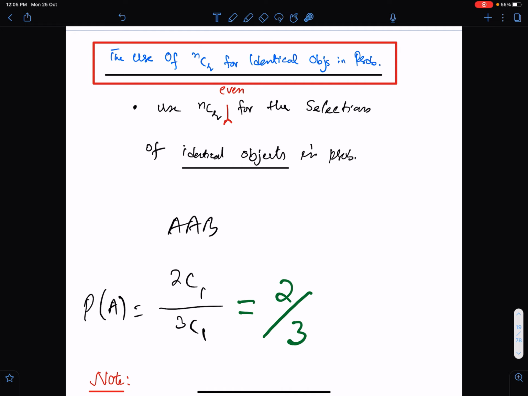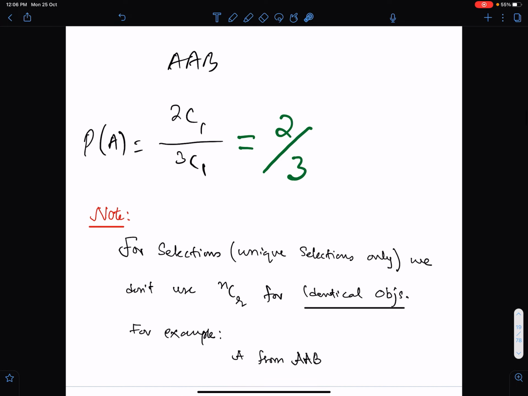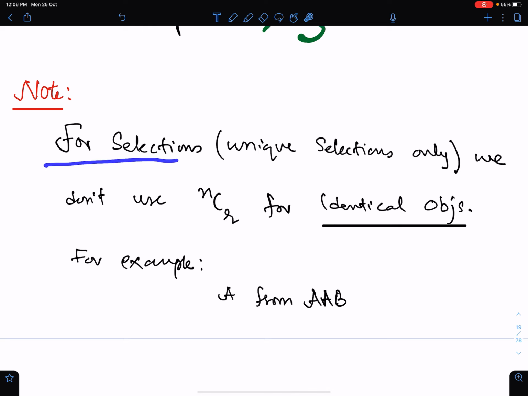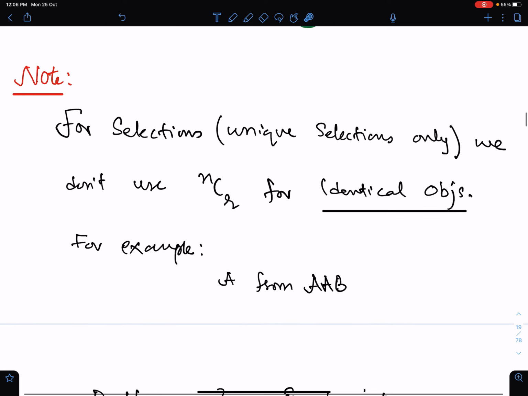So make sure you always use combinations if the question is of probability. But remember, for selections, like for unique selections, we never use NCR for identical objects. So if the question is only for selections of identical objects and not probability, then never use combinations.